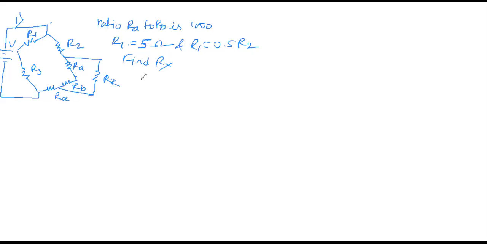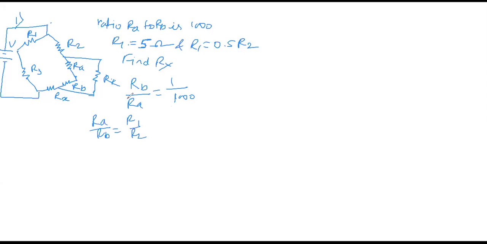Okay, so what they have given? The ratio of RA to RB is given. So we can write RB divided by RA is equal to 1 divided by 1000. And if you look in the previous equation, RA divided by RB is equal to R1 divided by R2.